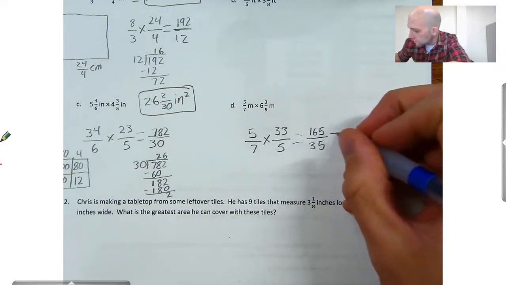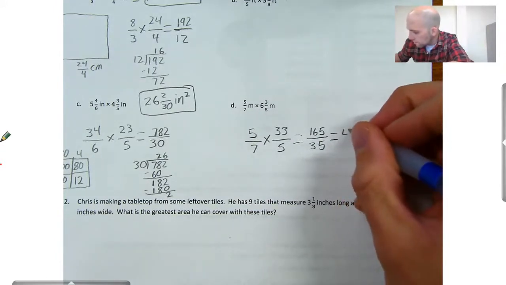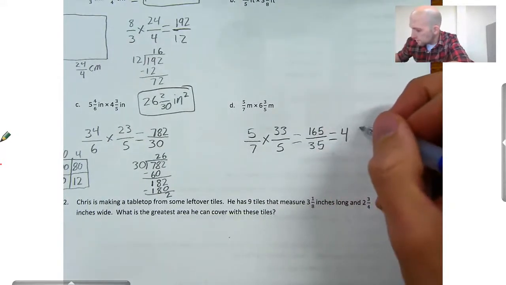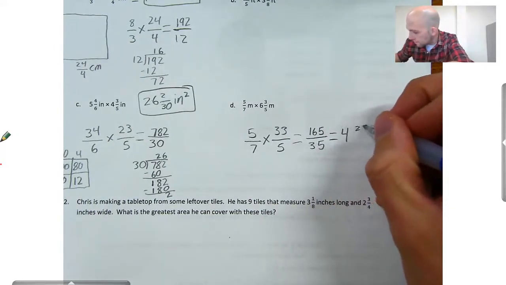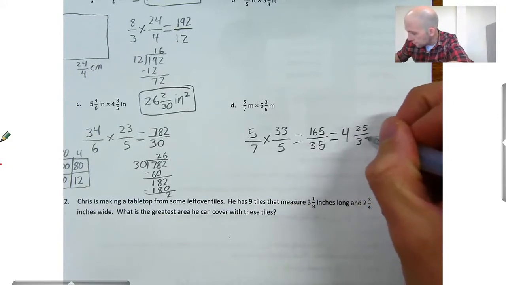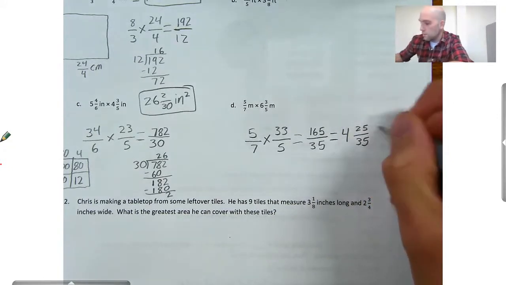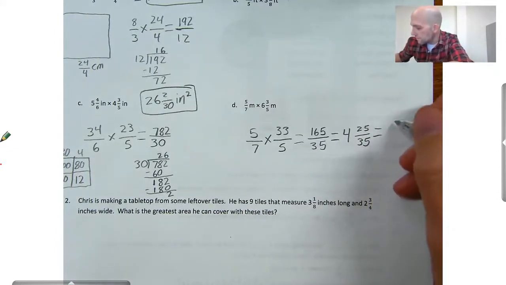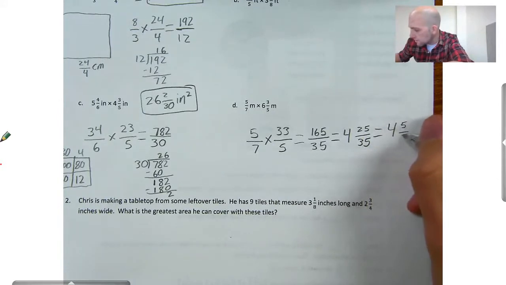So we have to do 4, and we'll have 25 35ths left over. We can divide both of those by 5, and we can make that 5/7. So 4 and 5/7 square meters.